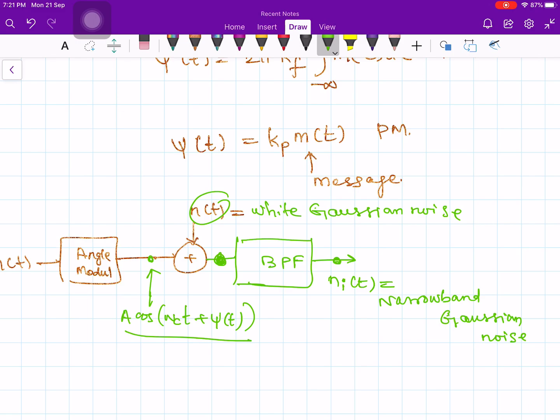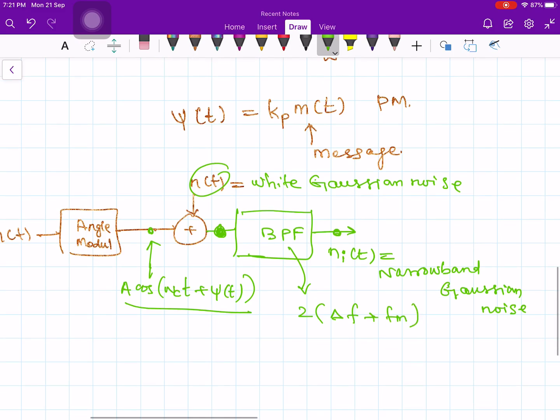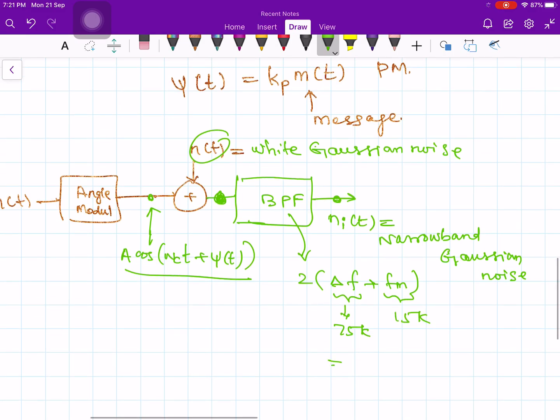Once again, you are getting narrow band noise, but this narrow band noise has a bandwidth which is much wider, because this band pass filter is designed to have the bandwidth of 2 times delta f plus fm. For example, we have done the simple calculation for our FM system. For commercial FM, this is going to be 75 kilohertz, and this is going to be, let's say, 15 kilohertz highest frequency. So this is equal to 180 kilohertz, much wider bandwidth.